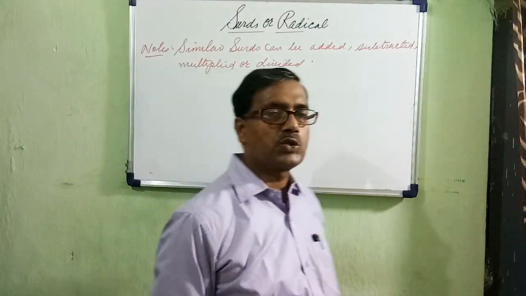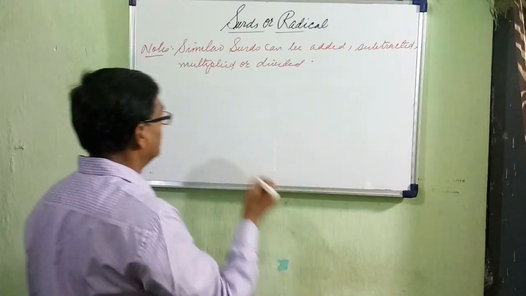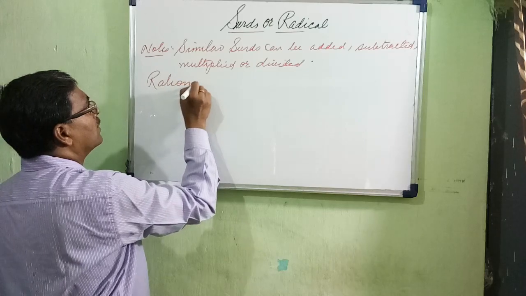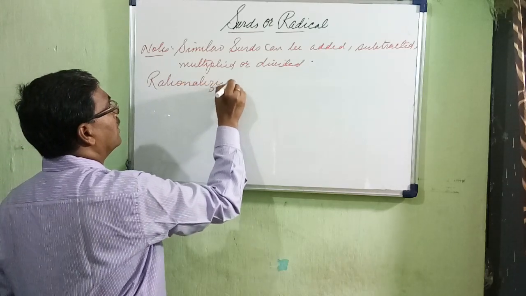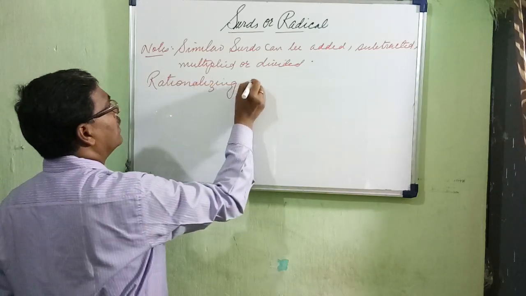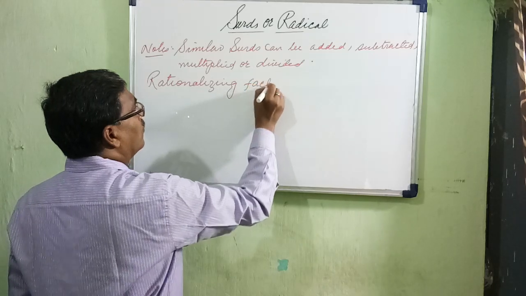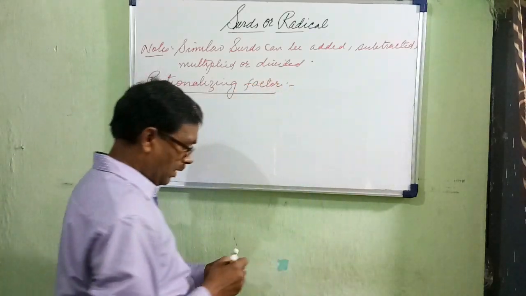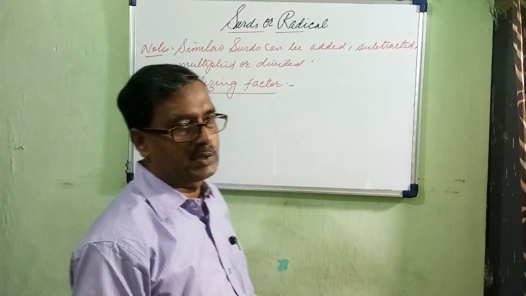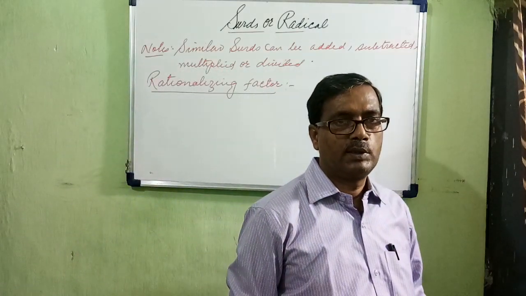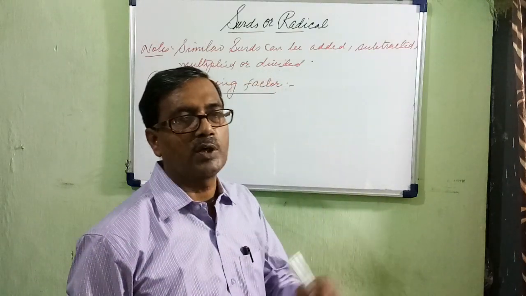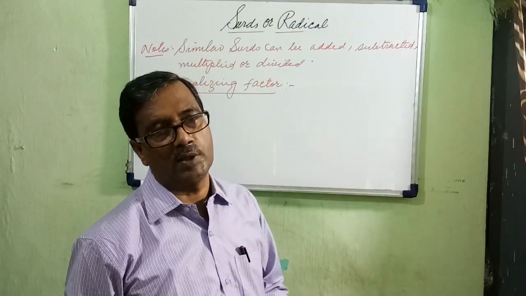Then what is called rationalizing factor? The product of two surds, if it is a rational number, then each one of the surds is called the rationalizing factor of the other.